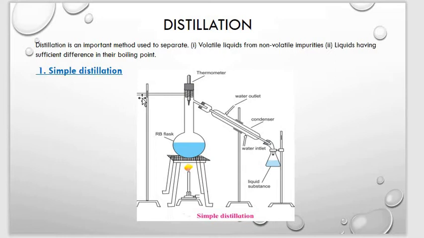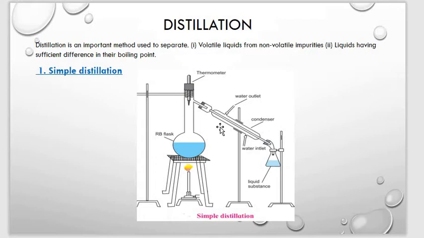Apparatus, as you see on the screen: it is a round bottom flask containing the liquid which is going to be purified, and the flask has a side arm through which it is connected to the condenser. Then the condenser has a jacket with two outlets through which water is circulated.